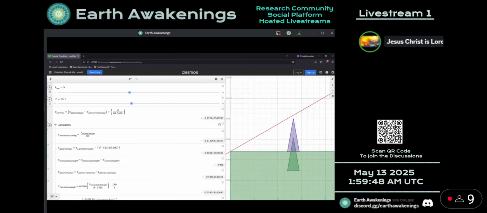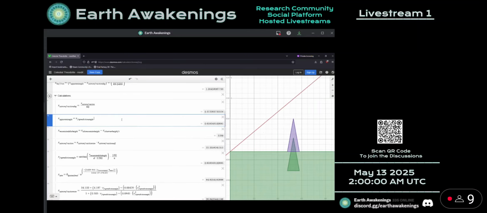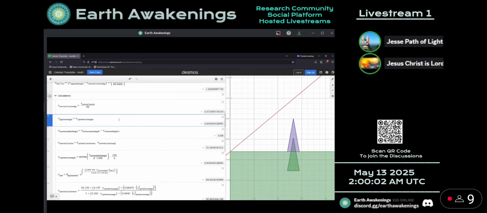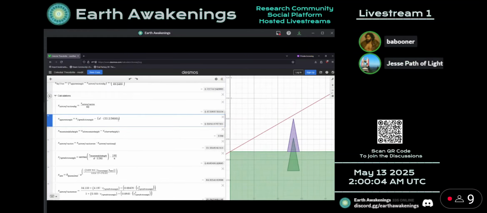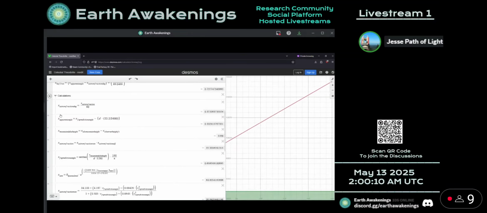You would need to have two different lines: this apparent angle be the one for the globe prediction, and then a separate line that doesn't incorporate refraction for the other one. Well, that's the beauty of Desmos. It's free. You can make a copy of this and modify it however you like.